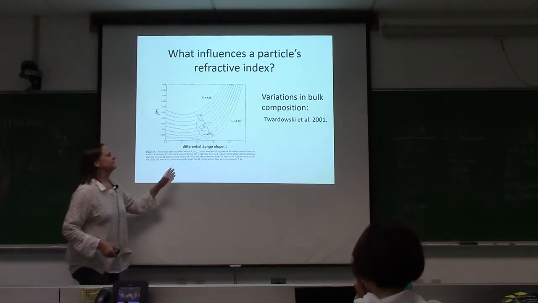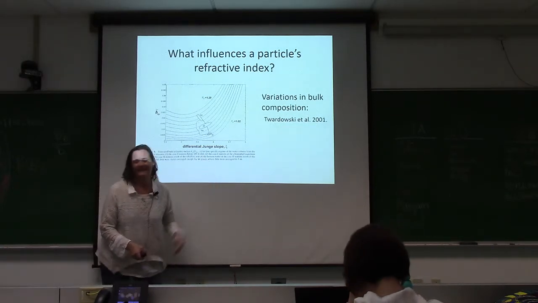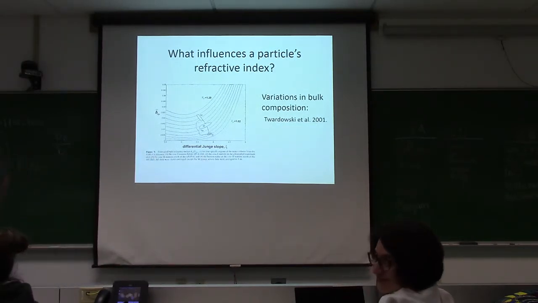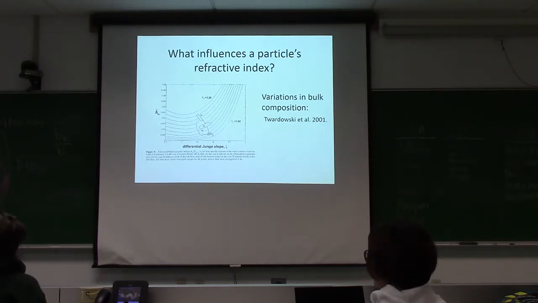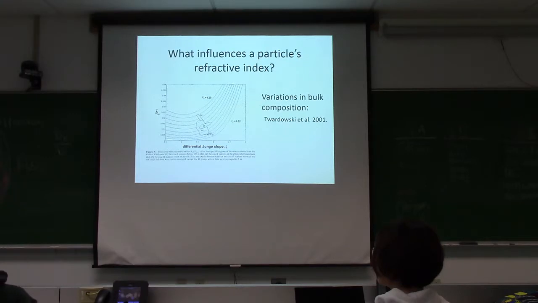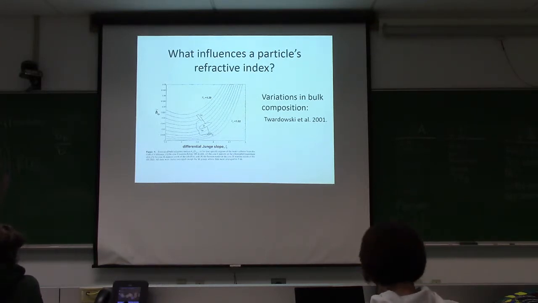Basically, if you have a steep slope, say -4, versus a flat slope, which would be, say, -3. What's the axis? This is the diameter, and this is the number of particles per unit volume, the concentration.